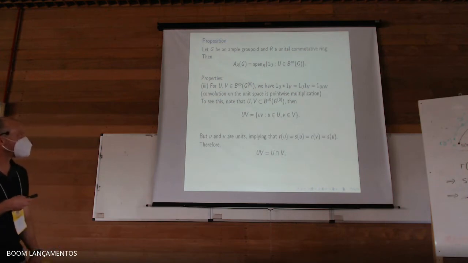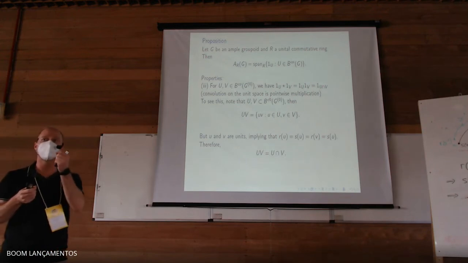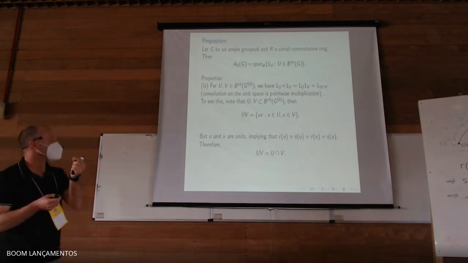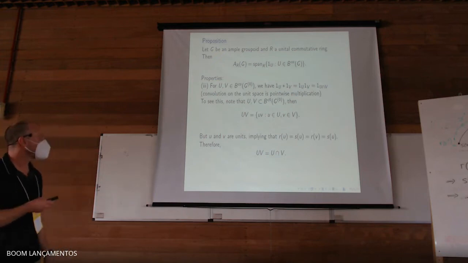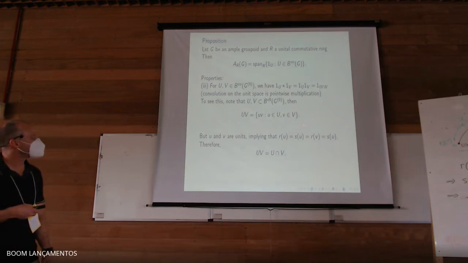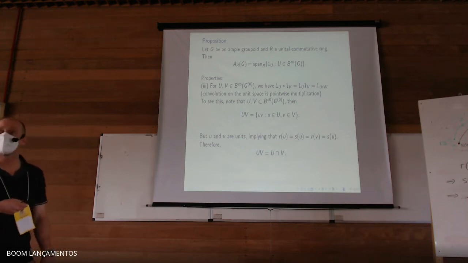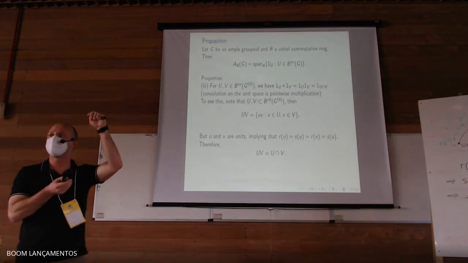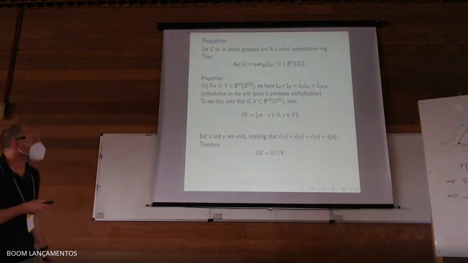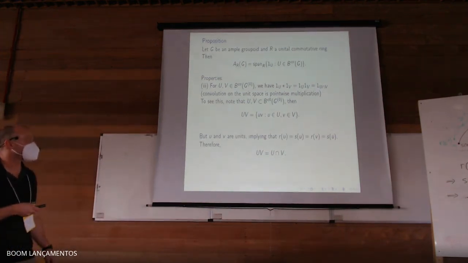And because U and V are now both units, it means that the range of U is equal to the source of U, which is equal to the range of V, which is equal to the source of V. In particular, this means that the lowercase u and lowercase v must be in big U and big V. So in particular, it must be in the intersection.